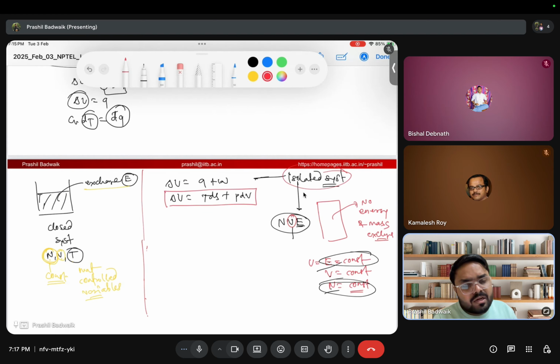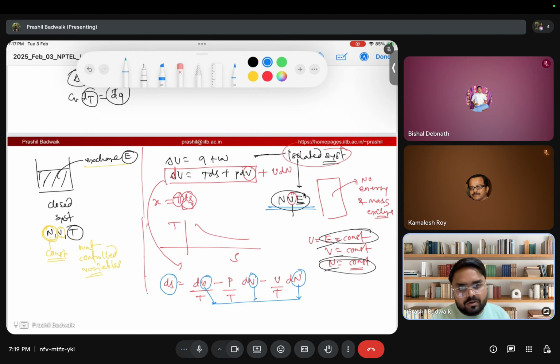What is this system? We just defined NVE. In this system, entropy is what defines whether the process will happen or not. So keep in mind, whenever I have an isolated system, I will always be working with entropy, because that will tell you whether the process will happen or not. Why? Because in an isolated system NVE is constant.